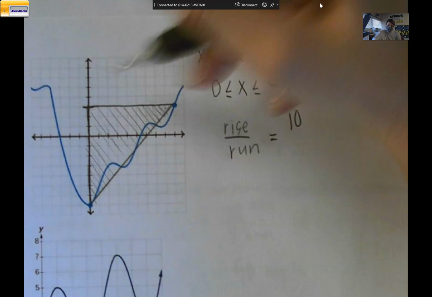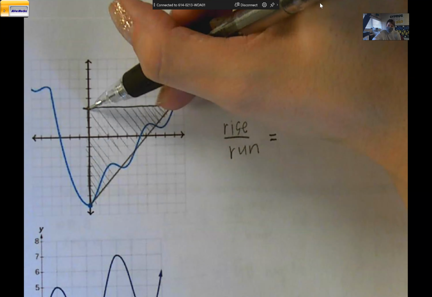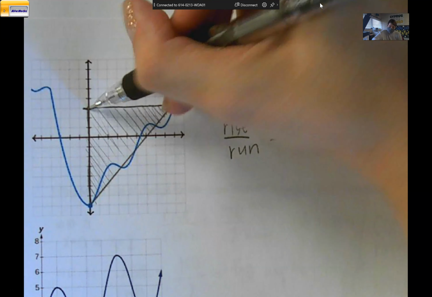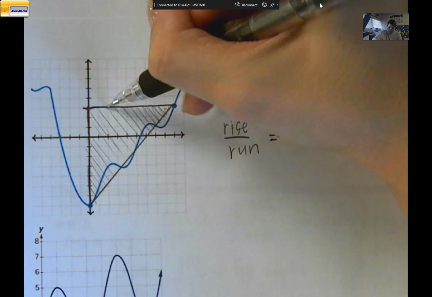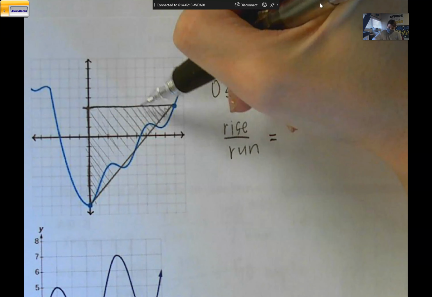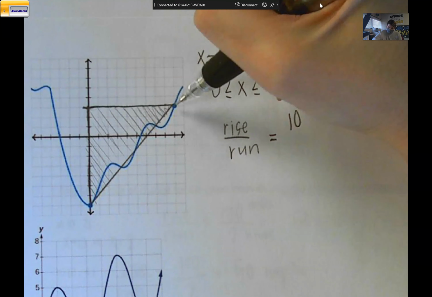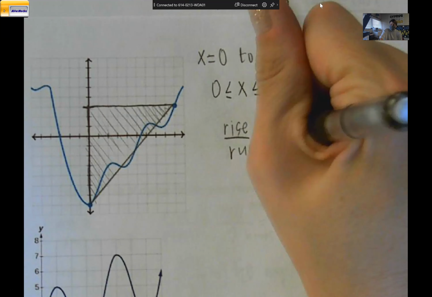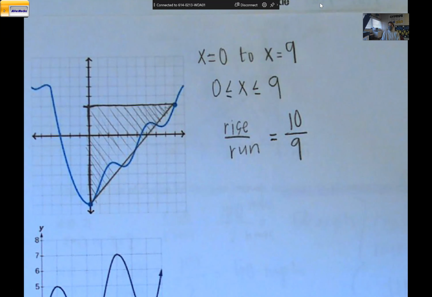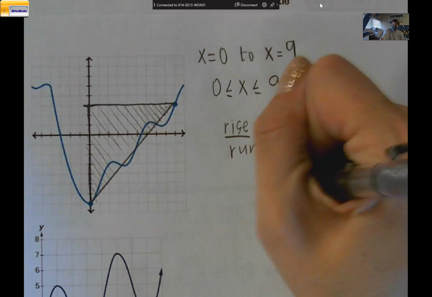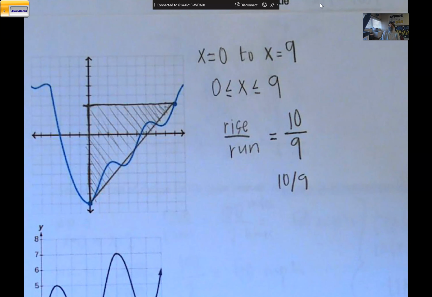Then we can count from this part on the y-axis over to the point. 9. If this is my quiz, I'm going to leave it exactly like that. So when I plug it into my answer, it's going to look like this. 10/9.